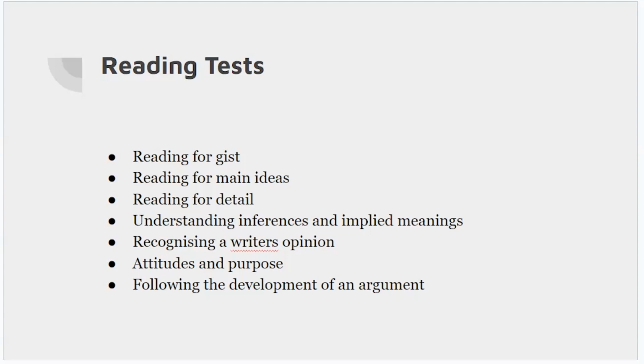The fifth one is recognizing a writer's opinion. In some paragraphs, we may have multiple opinions of multiple personalities. For example, if it is about a scientific topic, there may be a number of scientists who put forward their own point of view about the same topic.